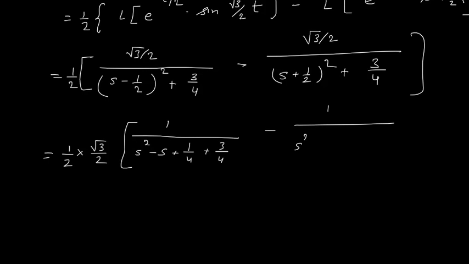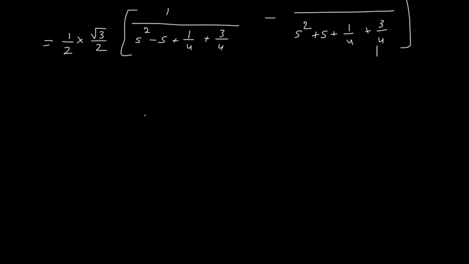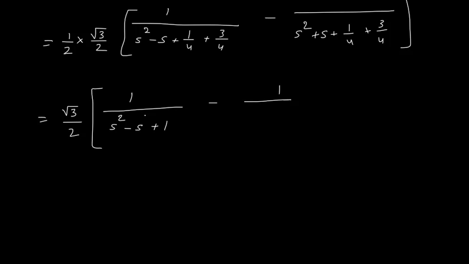So here I have s square plus s plus 1 by 4 plus 3 by 4. This 1 by 4 plus 3 by 4 is 1. So it is 1 upon s square minus s plus 1 minus 1 upon s square plus s plus 1.